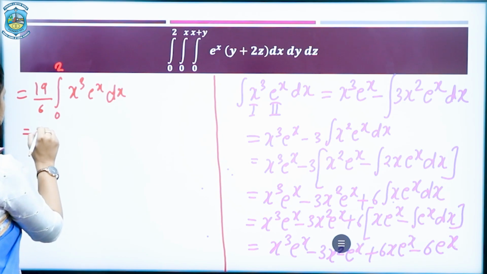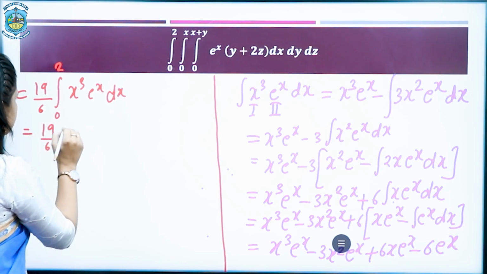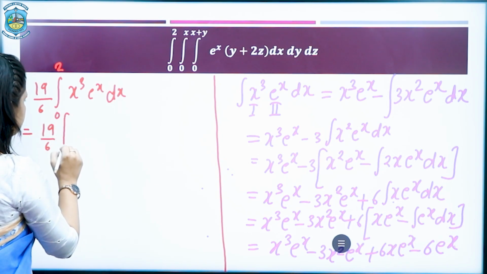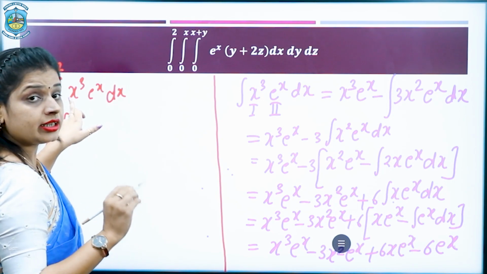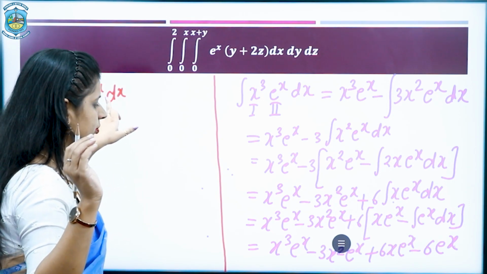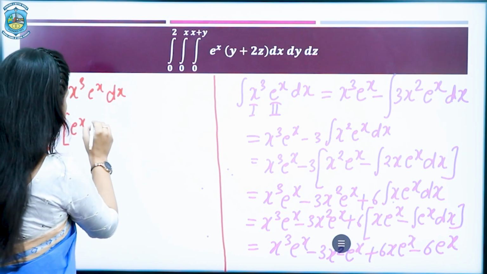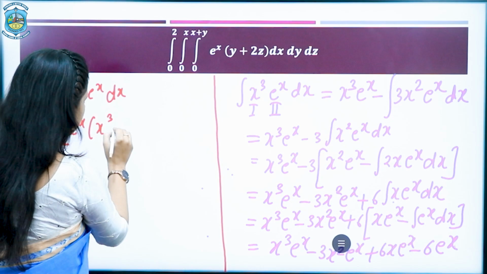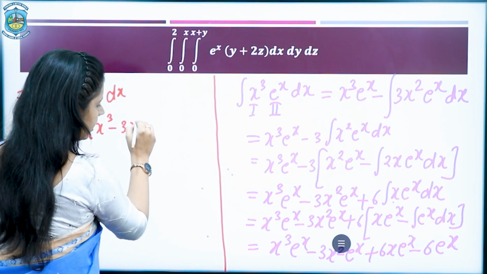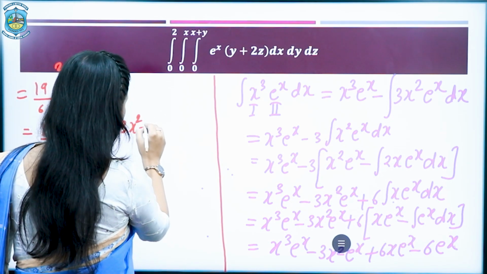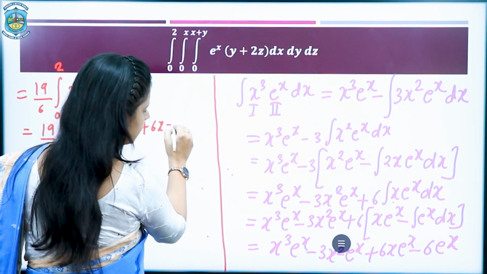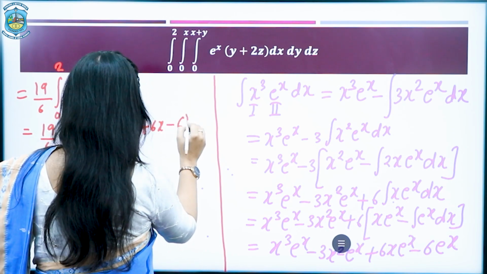So, this value would be 19 by 6. The indefinite integral of x cube e to the power x will give us e to the power x times (x cube minus 3x square plus 6x minus 6).